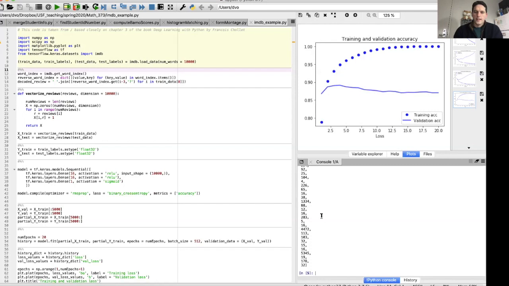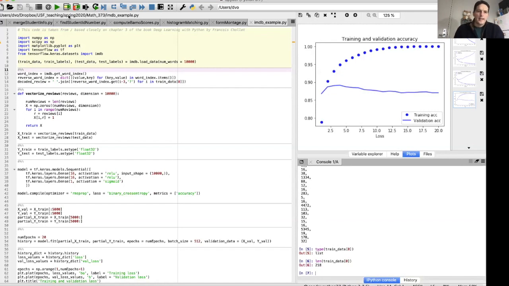So if we do type of train data of 0, it's a list of numbers. And let's look at the length of the first training example: 218 numbers. And these 218 integers encode a movie review.